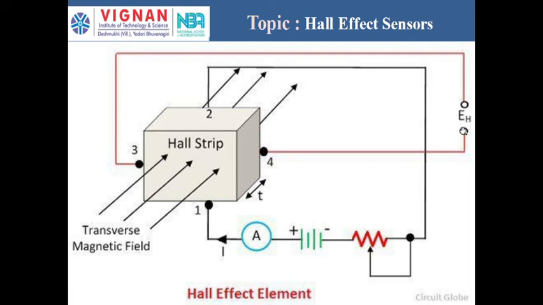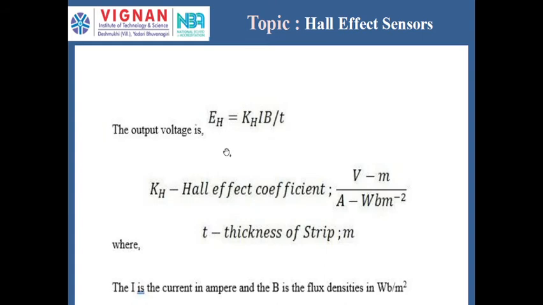The magnitude of the voltage depends upon the current, strength of magnetic field, and also a property of the conductor called the Hall effect. This Hall effect is present in metals and semiconductors, depending upon the densities and mobilities of carriers. So the amount of voltage developed is, as I told, proportional to the current and flux density and the Hall effect coefficient.